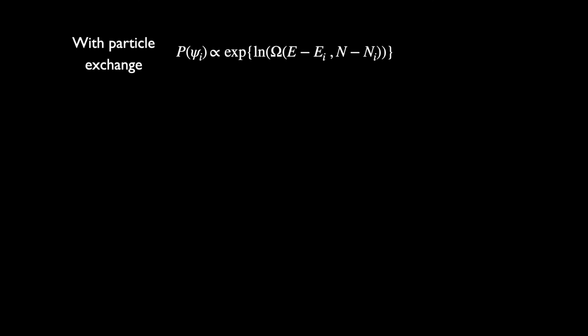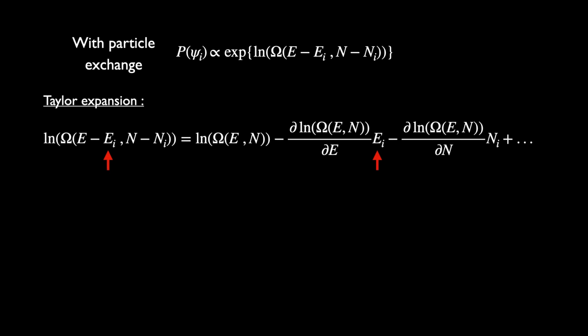Again, we take the log of omega, followed by an exponential, in order to Taylor expand the log omega with respect to the variables Ei and Ni. As before, the properties of the log function allow us to truncate this expansion, ignoring higher derivative terms, as both E and N are very large compared to Ei and Ni.